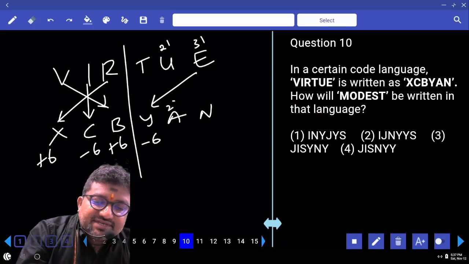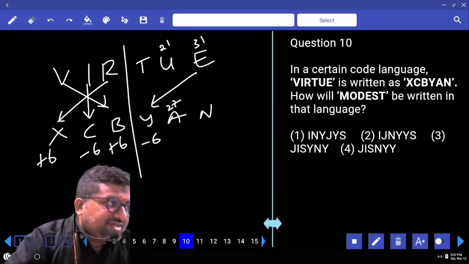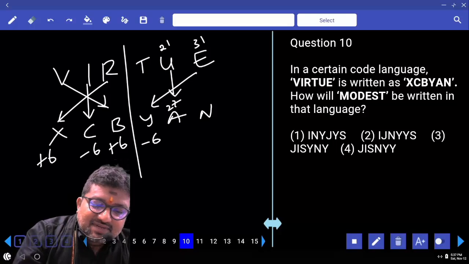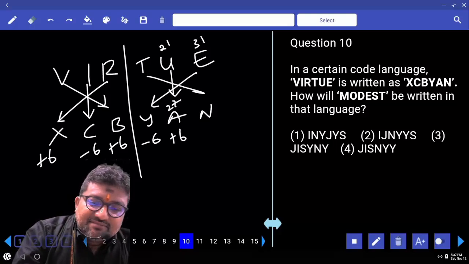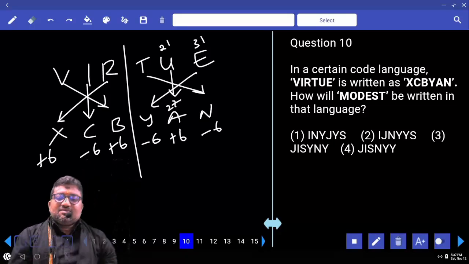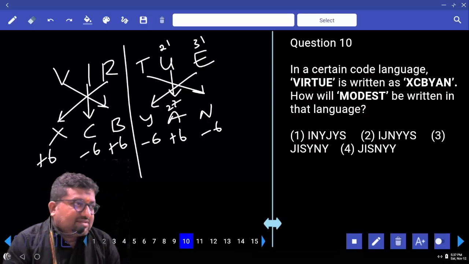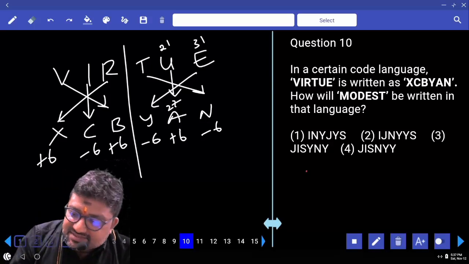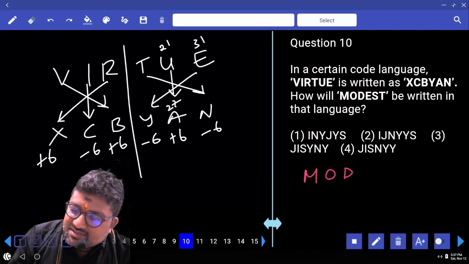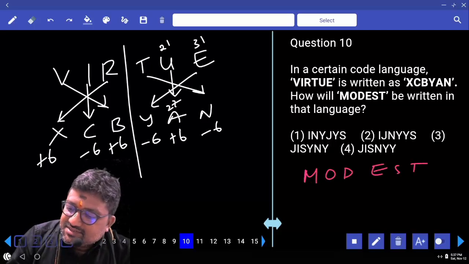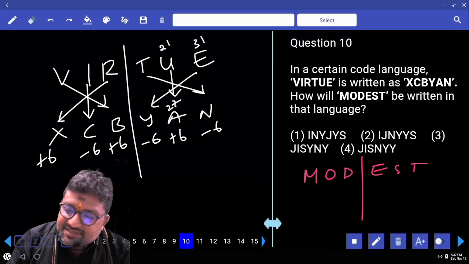U is 21. A is 27. Plus 6. 20 minus 6, 14. Oka order anedi manaku vastunda leda? Ippudu manam em chestam ante, what we'll try to do is we'll go for the modest. MODEST. The next place value of D is how much? 30.